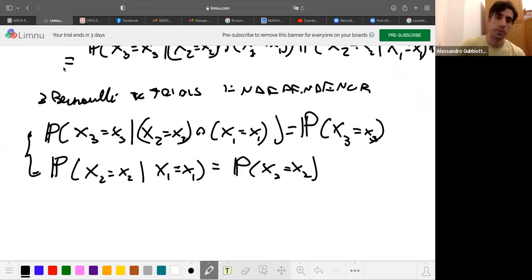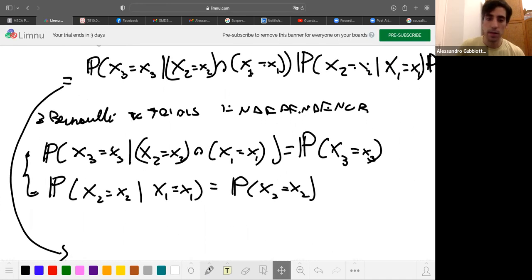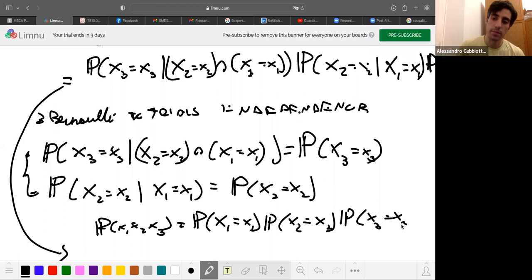Okay, so if we use the independence, which are those two equalities, then the probability of x1, x2, x3 is equal to the product of the probabilities that capital X1 is equal to x1, capital X2 is equal to x2, capital X3 is equal to x3.